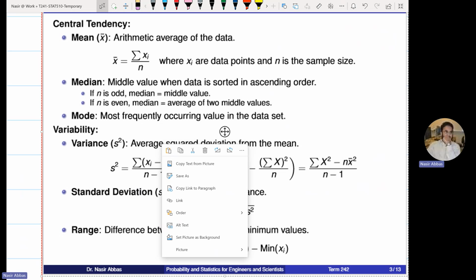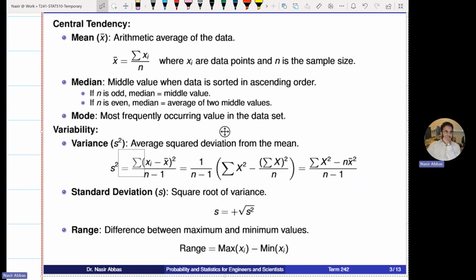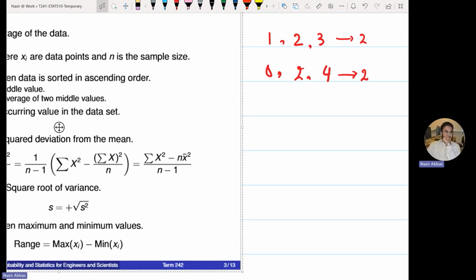Then if you simply add them without taking the square, what will happen? The deviation of 0 from 2 is minus 2, correct? The deviation of 4 from 2 is plus 2. This plus 2 will cancel minus 2 and you will end up with 0. Well, you know that there is not 0 variation in this data. There is variation in this data, right?